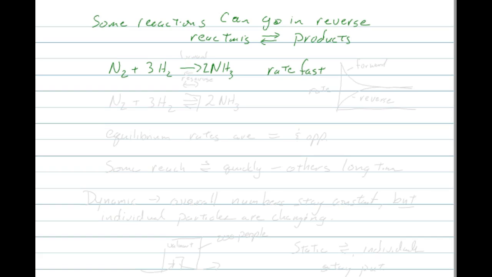After a while, the amount of N2 and H2 decreases a little bit, and the amount of ammonia increases enough so that a little bit of this ammonia sneaks back and makes 3H2 and nitrogen, N2.